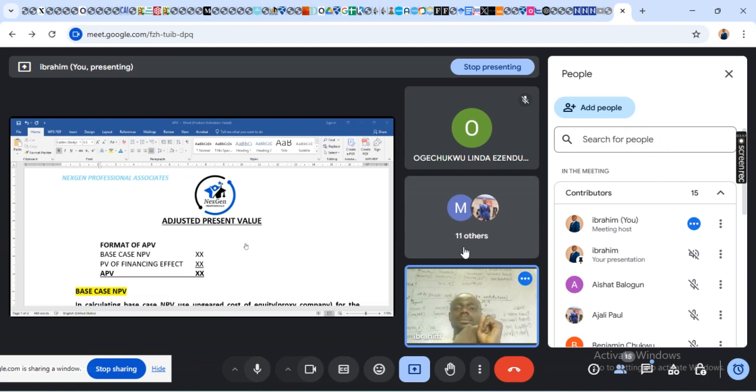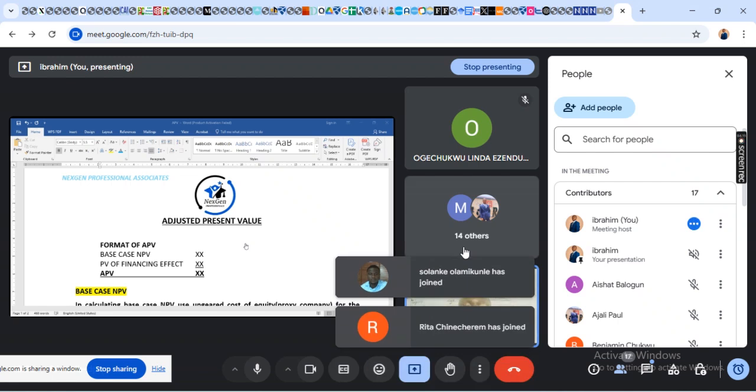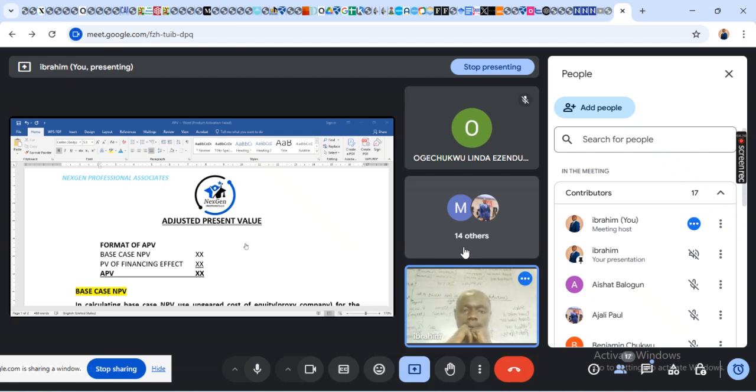You need these two to determine the APV. Class, the question now is, what is base case NPV? That is the question we should ask ourselves. And this will take us to the Modigliani and Miller assumption.